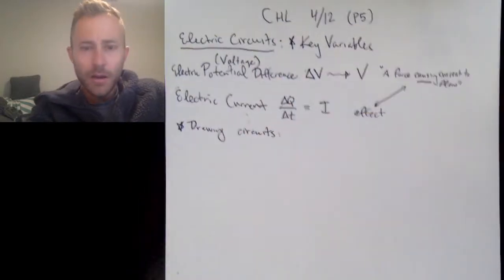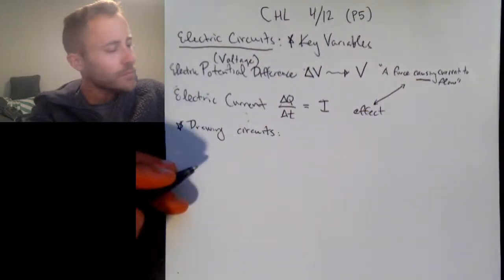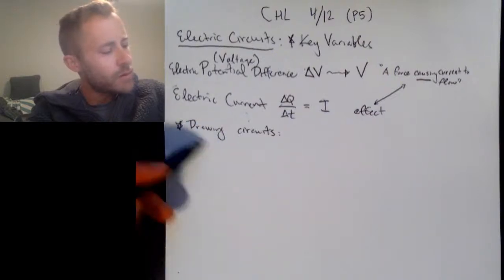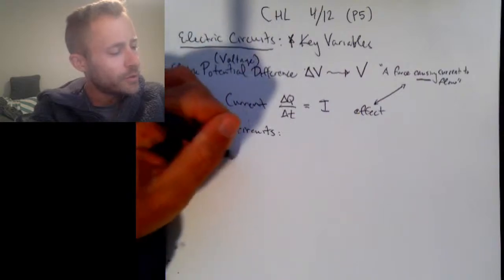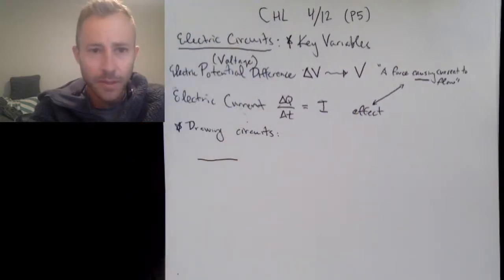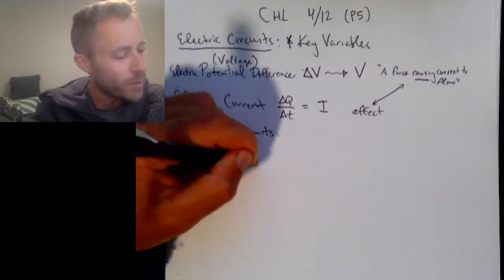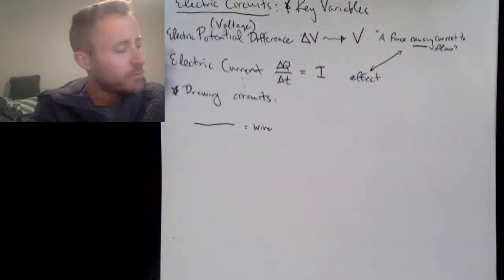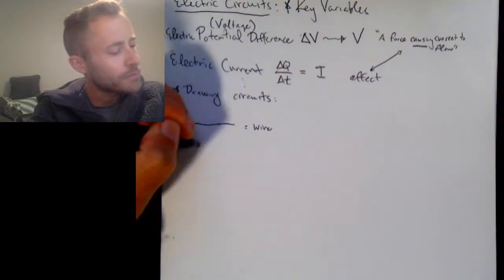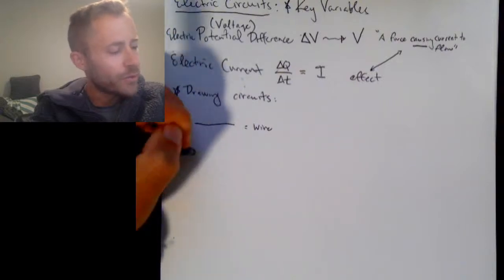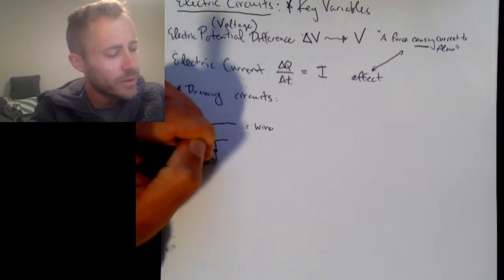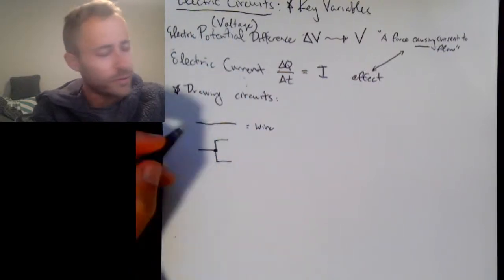Just a straight up line is a symbol for a wire. And wires can of course have branches. So you can draw something like this. This is a wire that is splitting in two.